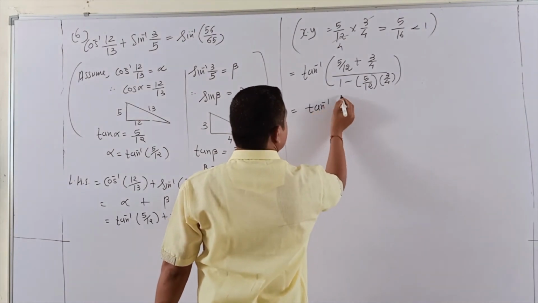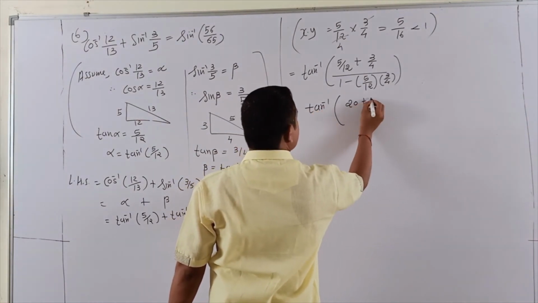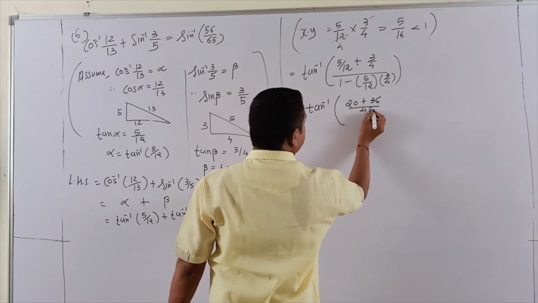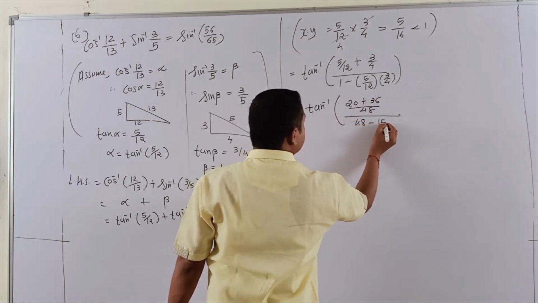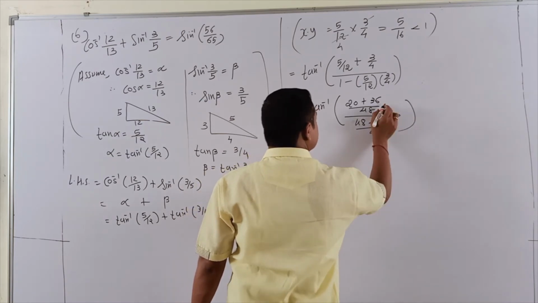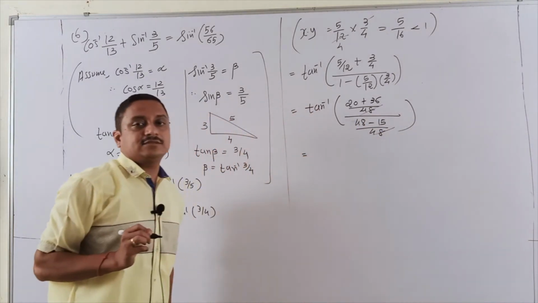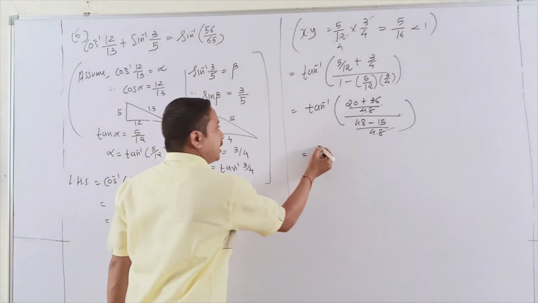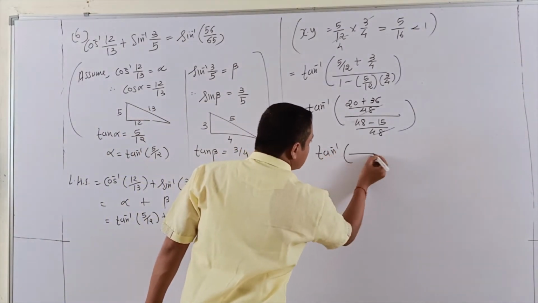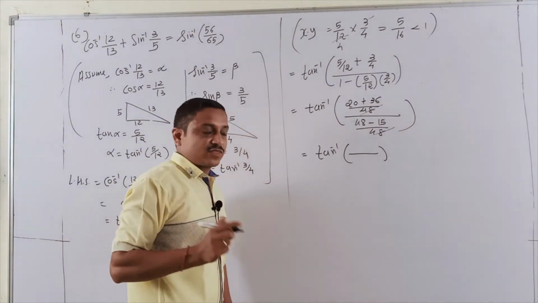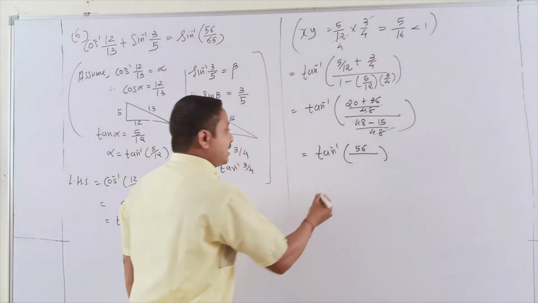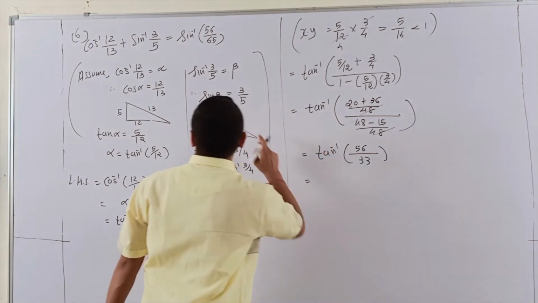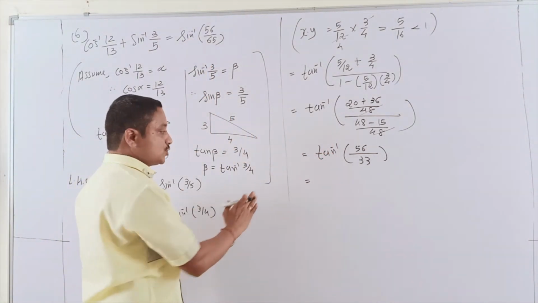So tan inverse, here 20 plus 36 by 48, same, 12 4s are 48 minus 15 by 48. 48 and 48. Easily, students, solve. So tan inverse, how much? 20 and 36 is 56. And we have 48 minus 15, yes, 33. And I want it in terms of sine.